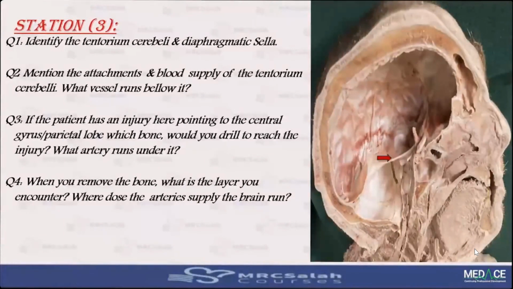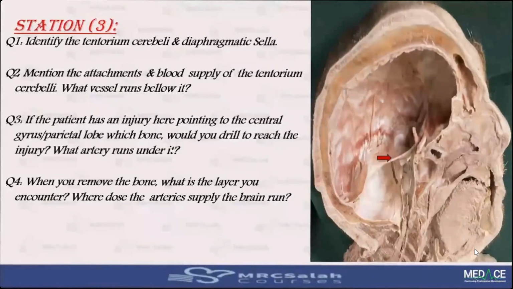No. Where does it run? The subdural, then? I'm not sure. It is in the deepest part of the brain, the deepest part of the cranium.